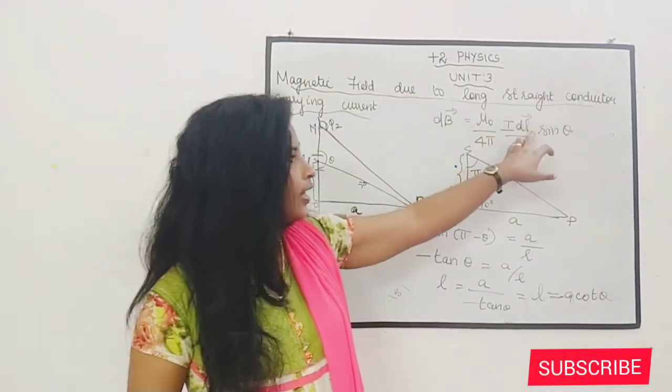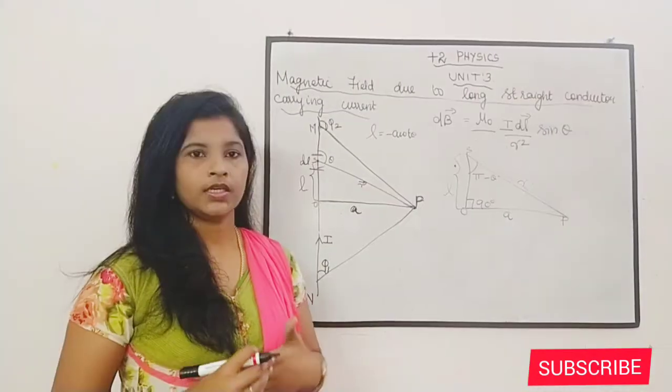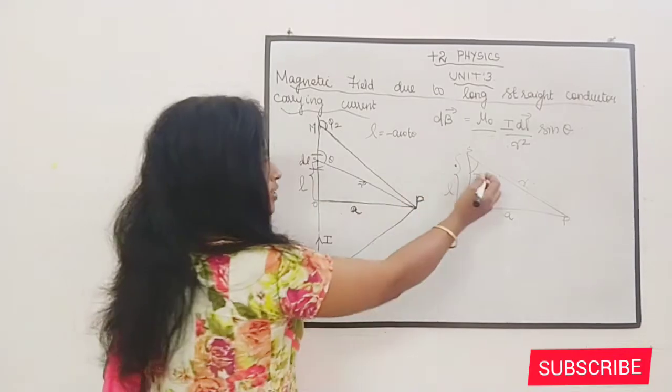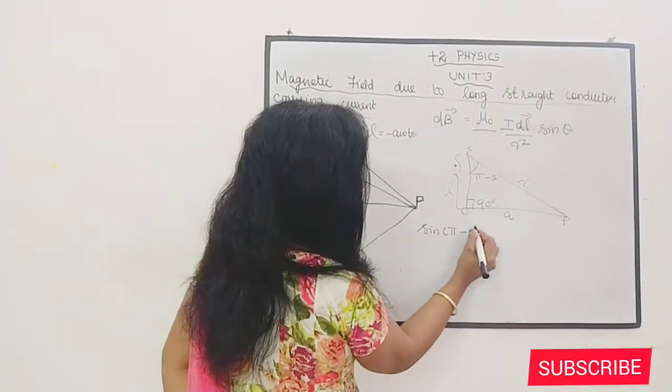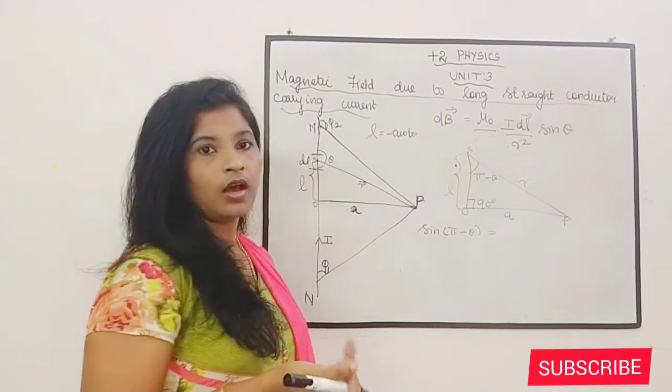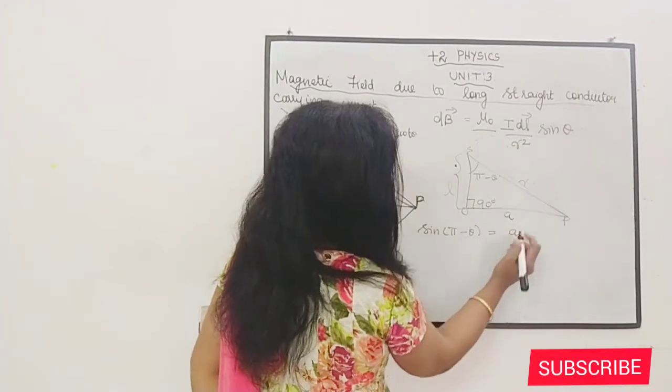So L I have converted into the known value theta. Similarly, let me find out sine of pi minus theta. That is equal to sine theta, opposite side by hypotenuse. Here the opposite side is a and the hypotenuse is r.